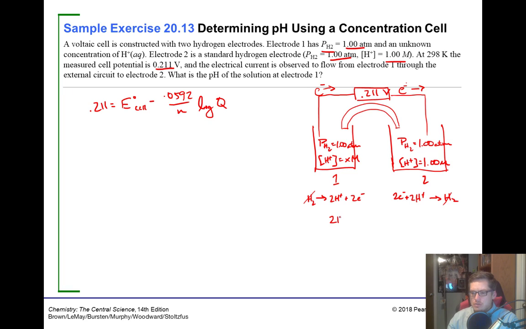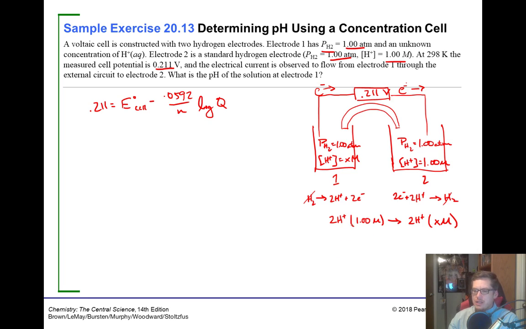The two H pluses on the reactant side are the known concentration, so we'll say this is 1.00 molar, because this is on our electrode 2. And then on the product side, you have two H pluses, but they're at X molar, some unknown molarity.